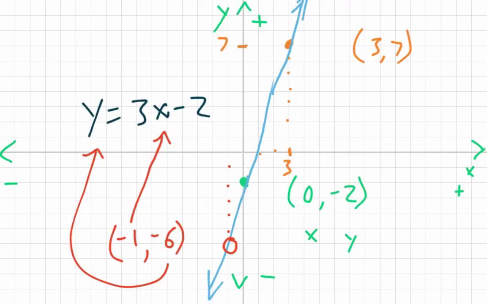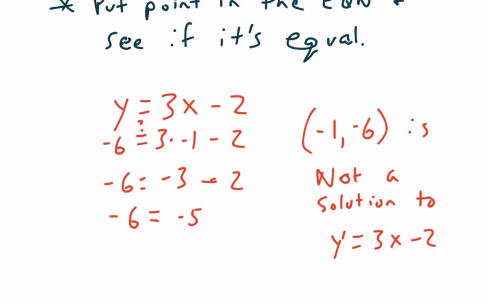And if we had picked one that would have worked, we know when x is negative 1, y should be negative 5. So what really happened is I must have curved too much, and this point here instead would be on my graph. If I had put that point negative 1, negative 5 in, should I do that quick, or can you just kind of picture that?